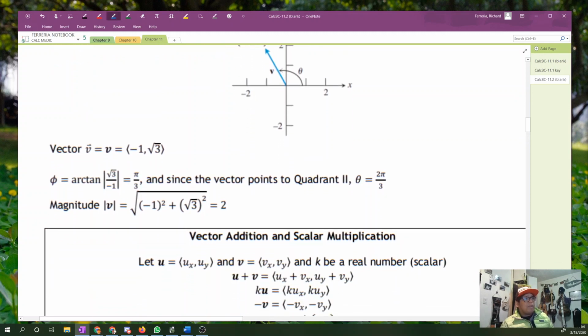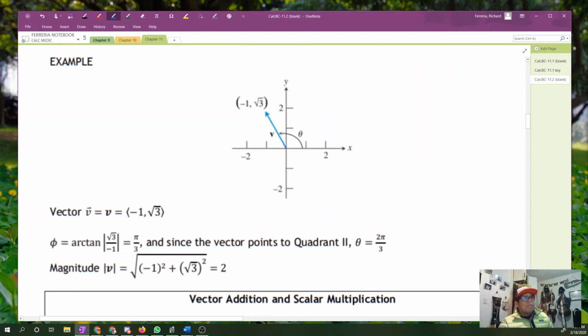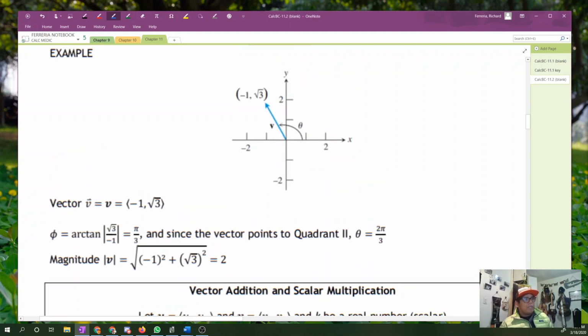Phi, the reference angle, is arctangent of the absolute value of √3 over -1, which tells me that phi is pi over 3. We know we're in the second quadrant because the x component is negative and the y component is positive. That puts us squarely in the second quadrant.